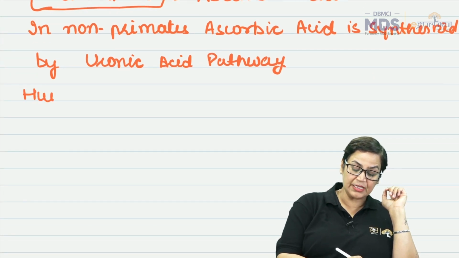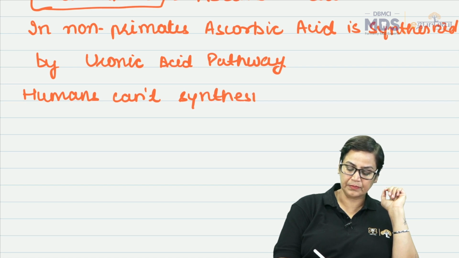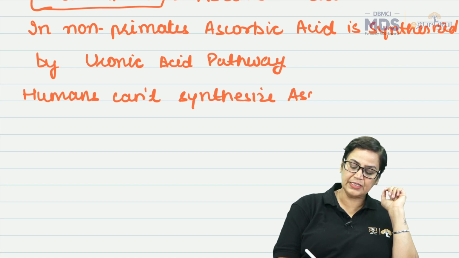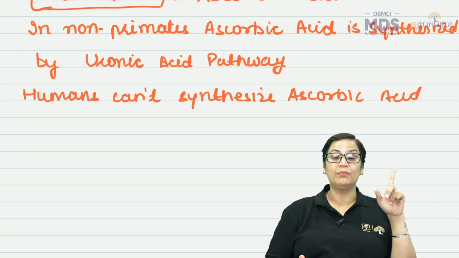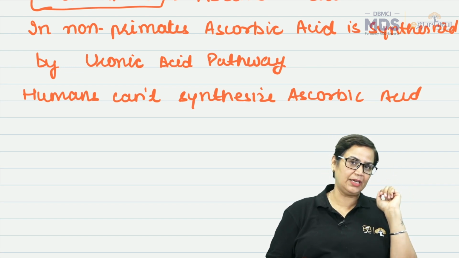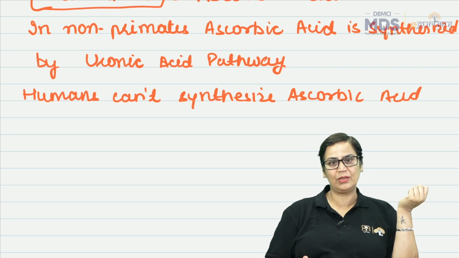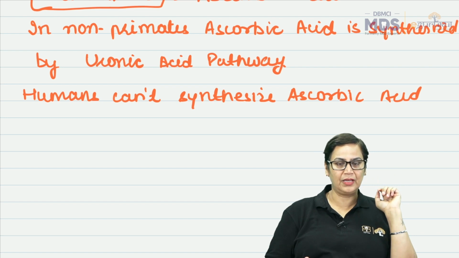Humans cannot synthesize ascorbic acid. What is the reason behind this? Because uronic acid pathway is there in human beings, but uronic acid pathway stops at the formation of glucuronic acid, and that is why it is operative also in the body, because glucuronic acid is produced only by this pathway.